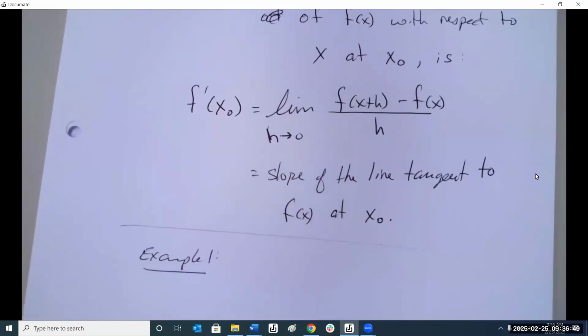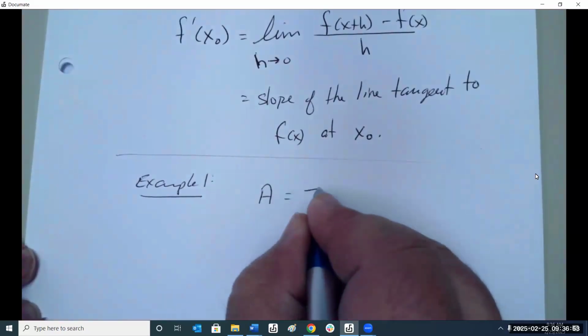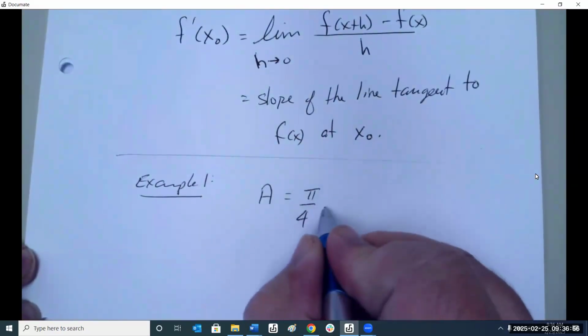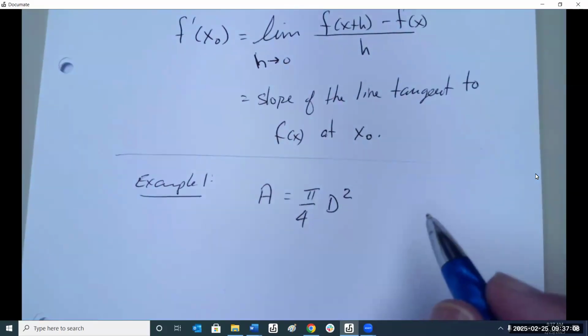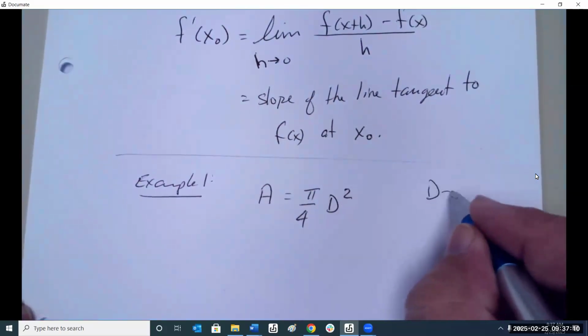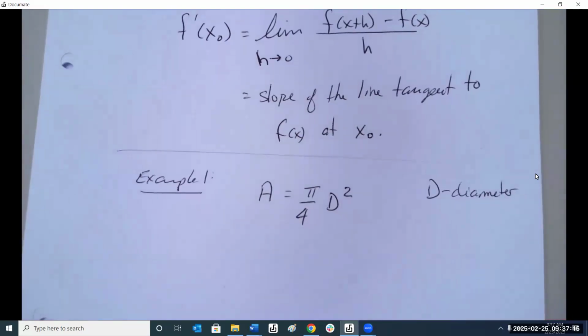Example 1. What does this formula represent? D stands for diameter. What is a diameter?